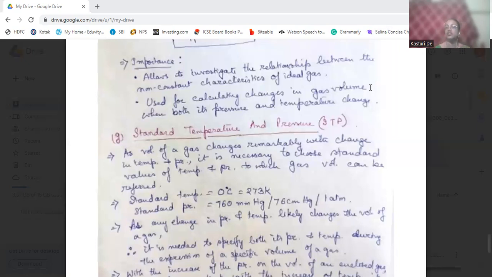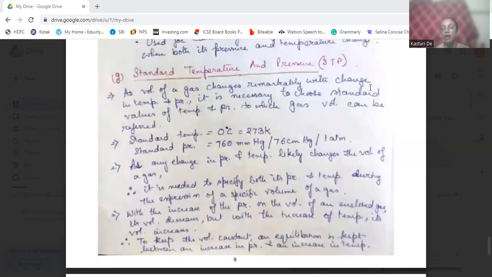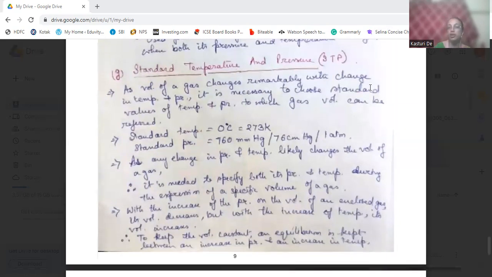As any change in the pressure and temperature is likely to change the volume of a gas, it is needed to specify both the pressure and the temperature when expressing a specific volume of a gas. We know if there is any change in pressure or temperature or both, then there will be a change in volume.